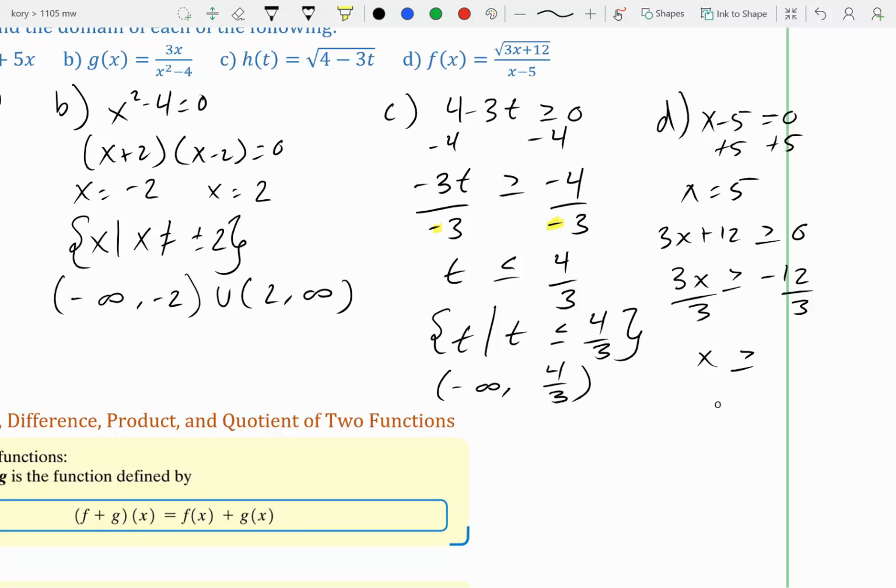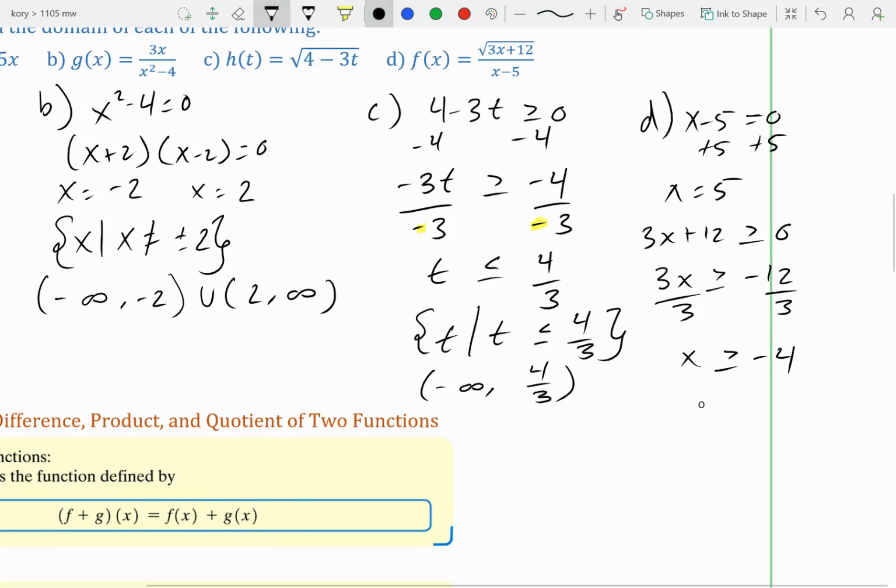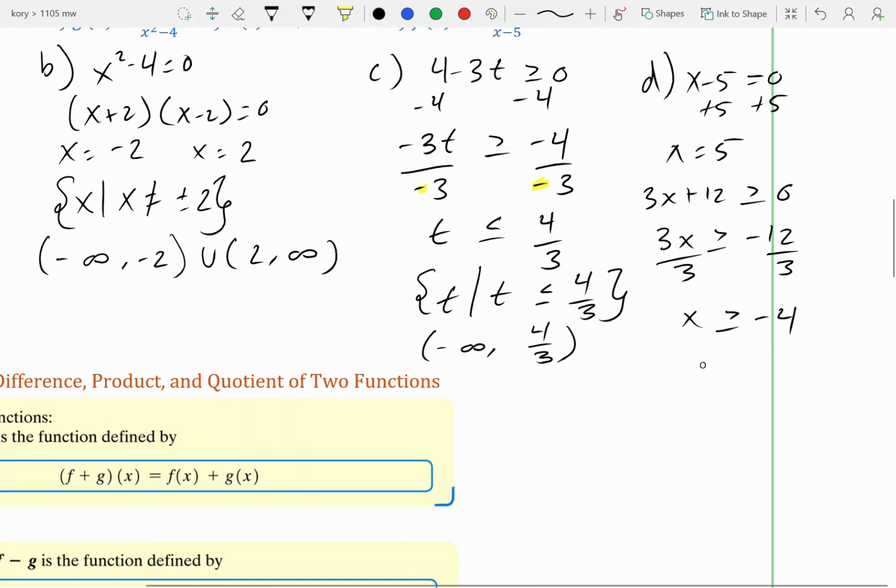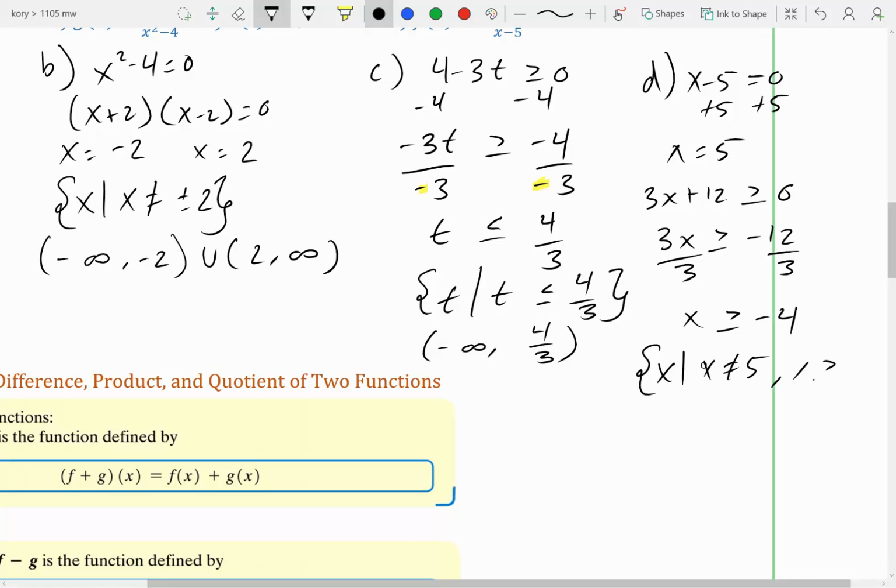We get x is greater than or equal to negative 4. So we have two different numbers: x greater than or equal to negative 4, and then x equals 5. So that does fall into those parameters together, so it makes sense. To write this in set builder notation, it's x such that x cannot be 5, and x has to be greater than or equal to negative 4.